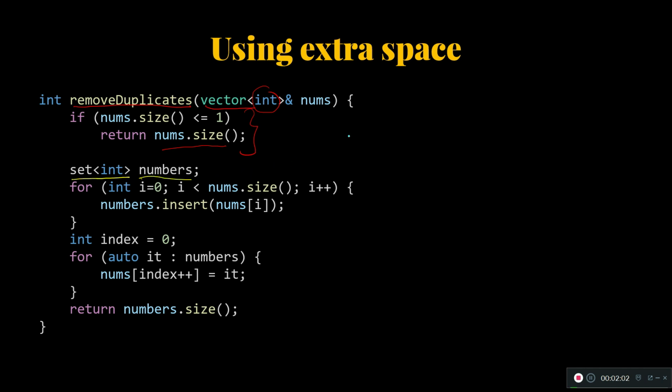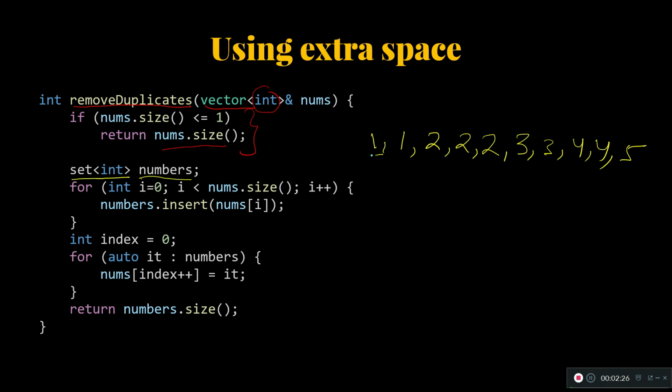So let's say for example we have 1 1 2 2 2 3 3 4 4 5.